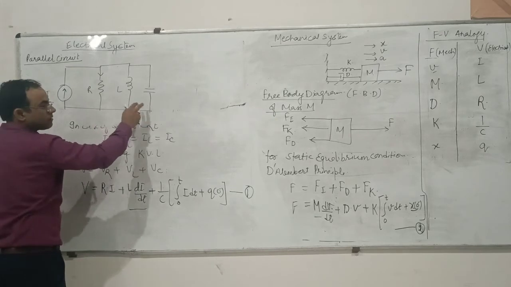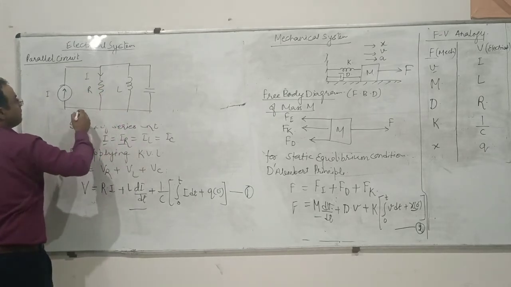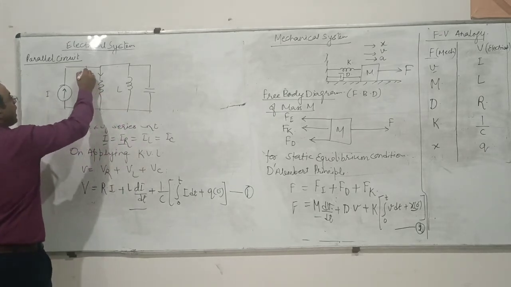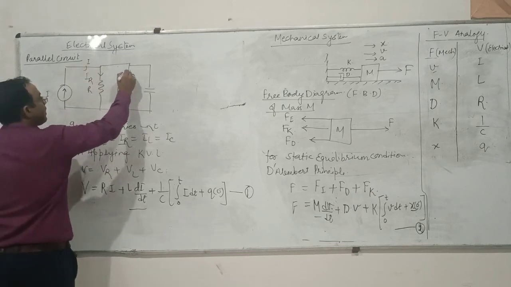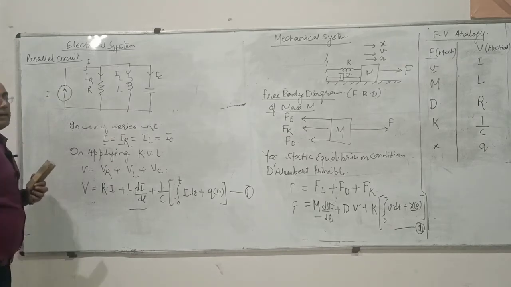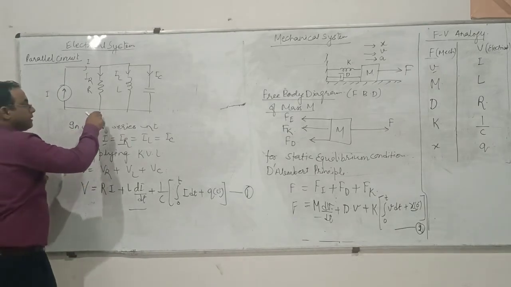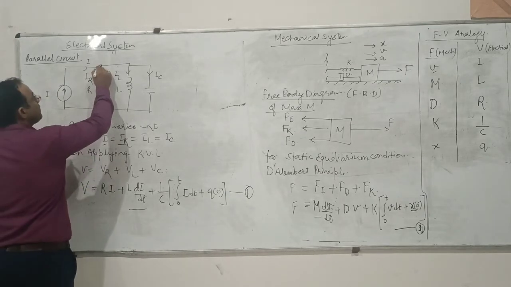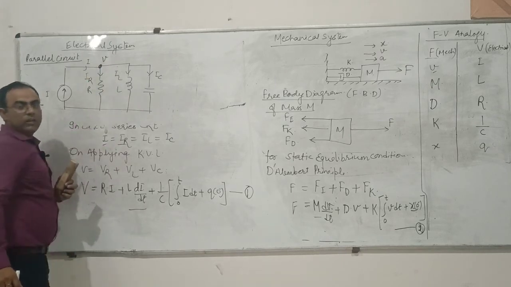Here we have the three parallel elements, so current will be divided. So I will be divided into IR, IL and IC. But because this is a parallel circuit, the voltage should be equal.